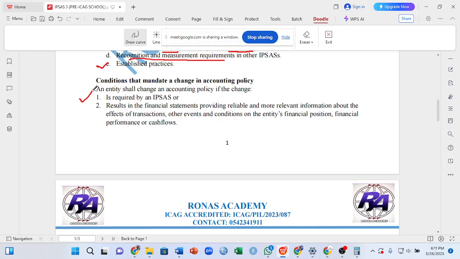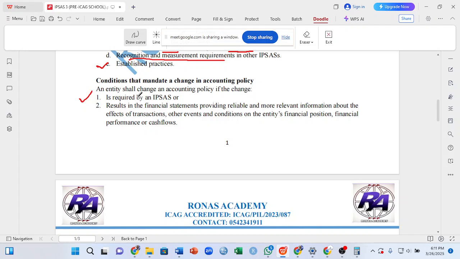So we don't expect ICAG to examine us on the new revenue IPSAS. So bear in mind that revenue will change certain things that we did under the previous IPSAS for revenue, that was revenue from exchange transactions and revenue from non-exchange transactions. It will change how you go about the transactions in that respect. So you can see that a new IPSAS can change what you were doing previously. That's what I'm saying when it's required by IPSAS.